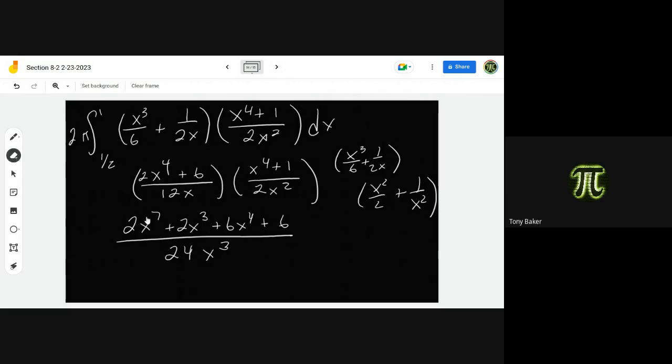Now everything changes. So that's an 8. And that's a 4. Oh, which actually makes my life easier. So this ends up being 8x to the fourth.